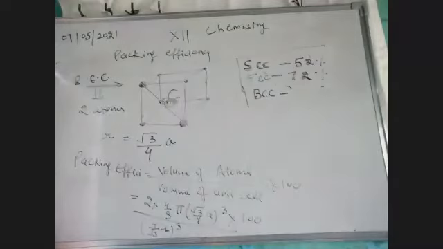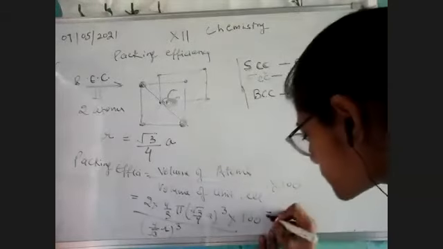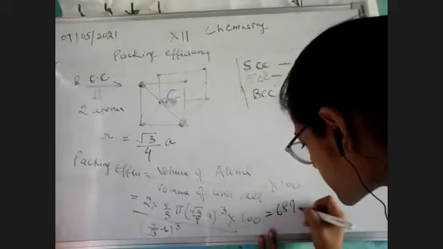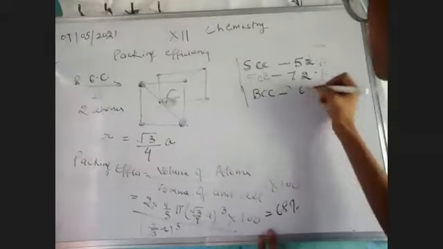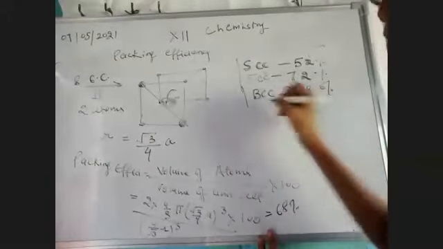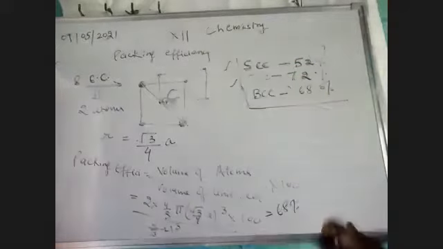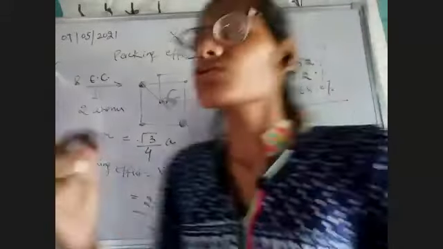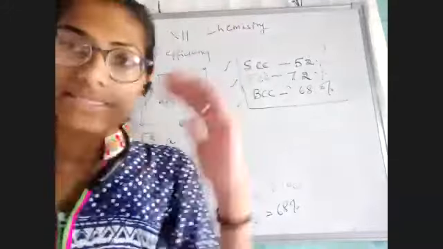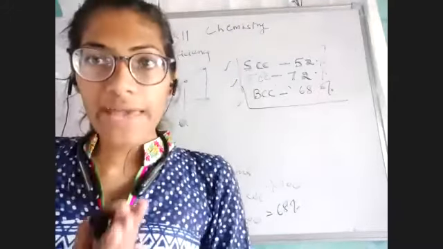And what would we get? We would get the exact answer, which is equal to 68%. So on the basis of these 3 calculations, what have we come to know?